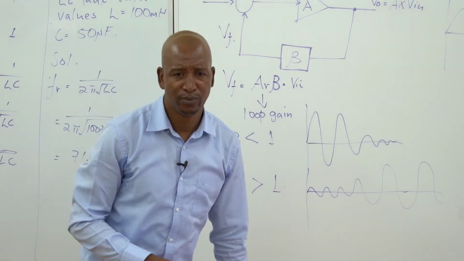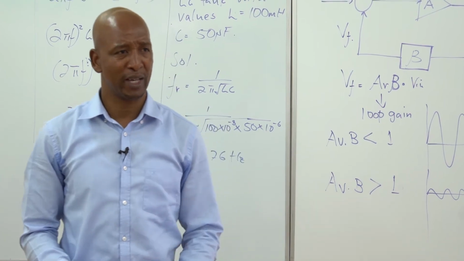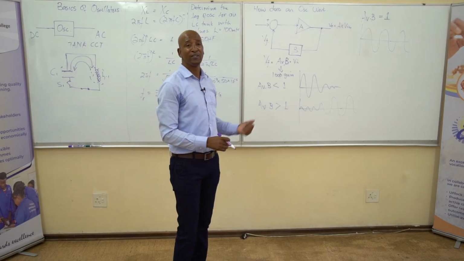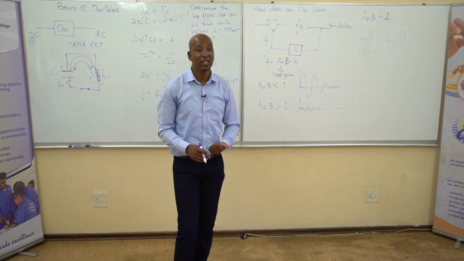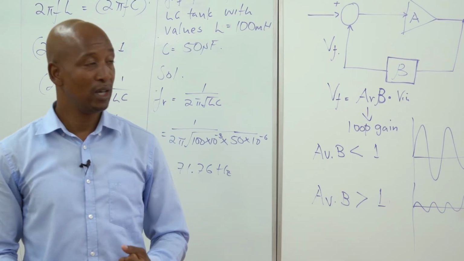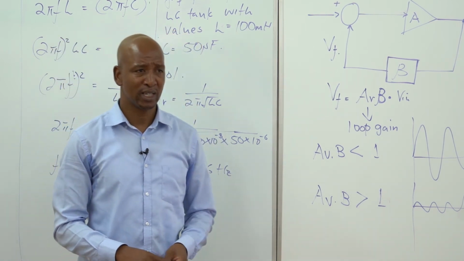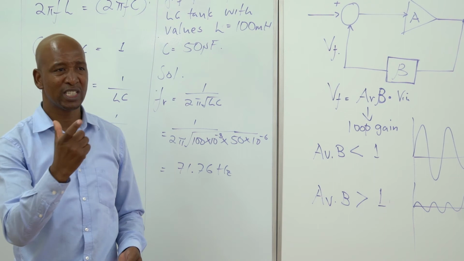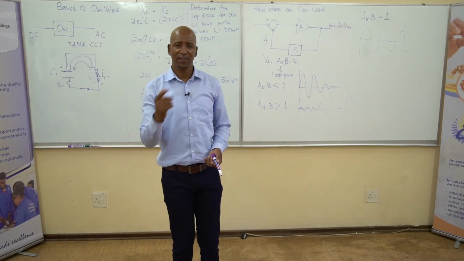Condition number 2, oscillation must have what we call positive feedback. We have a feedback, but the feedback must be in a positive format. What do we mean by positive format? A positive feedback has a 0 degrees phase shift, or 360 degrees phase shift.